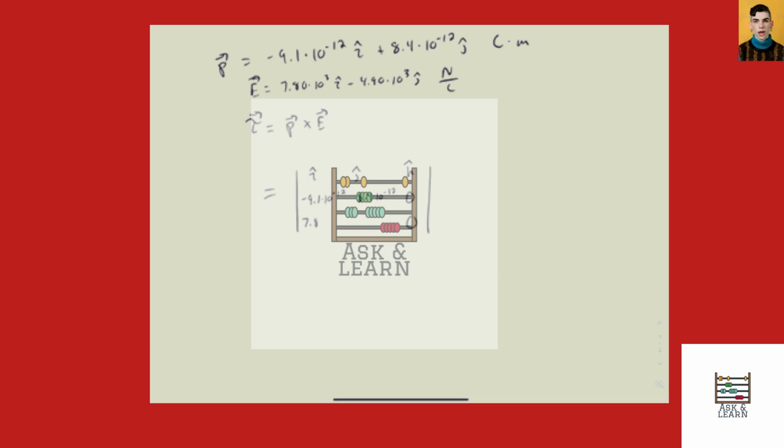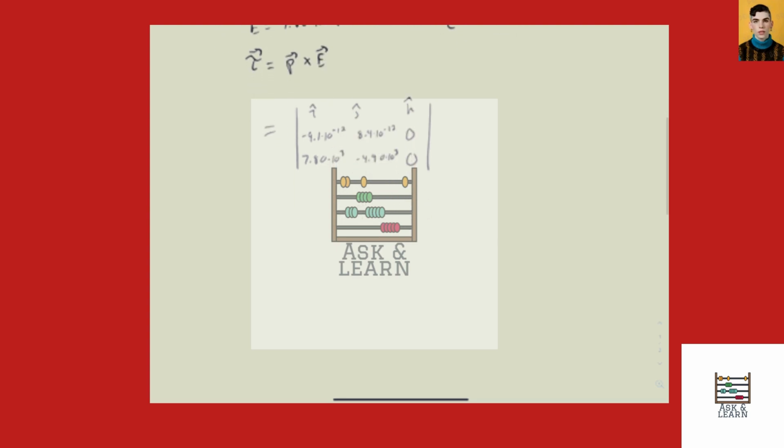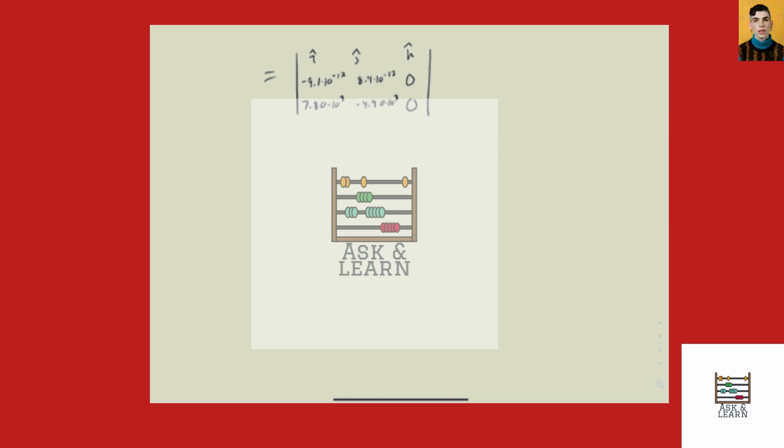And then the field components. Now to take the cross product, there will be no i or j components because of the zeros. So the only part we get is a k hat component, and then we're going to multiply these two.